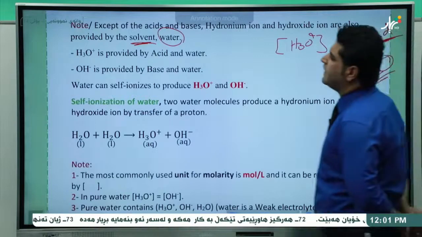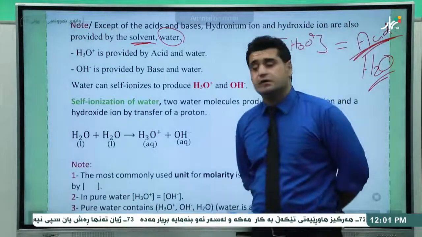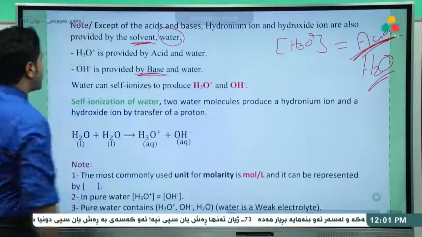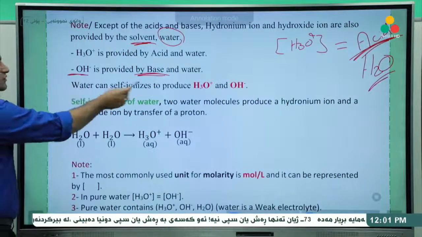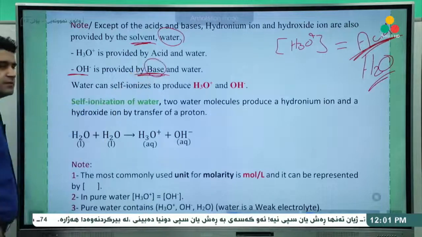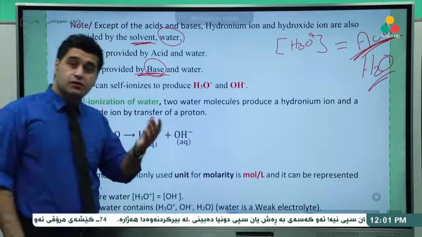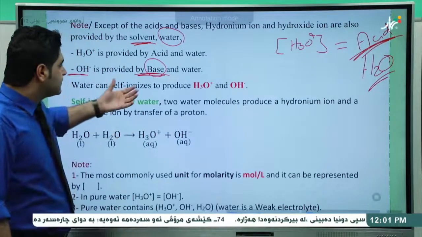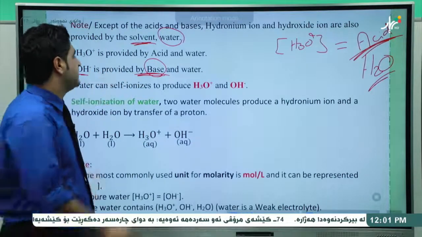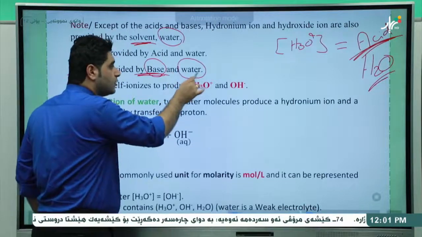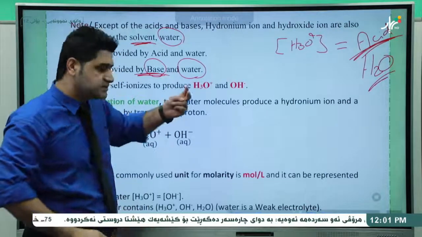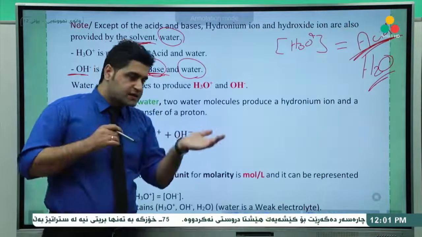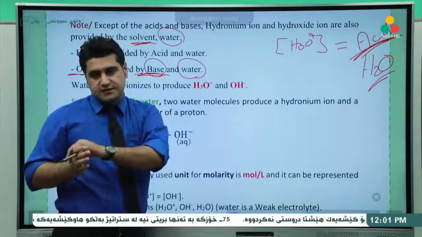Well, what about the hydroxide ion? Normally we get that ion in the aqueous solution of the bases. But again, there is another source that releases the hydroxide ion, which is water. Oh, now we have 2 sources for the hydronium ion concentration and the hydroxide ion concentration.